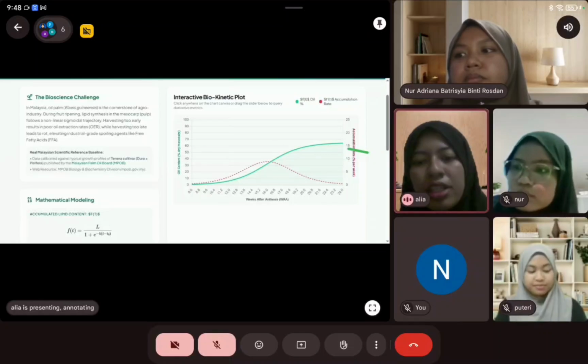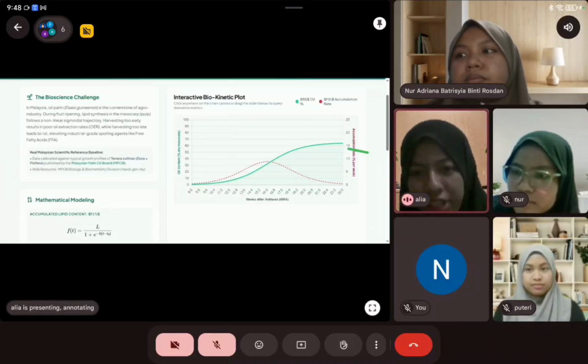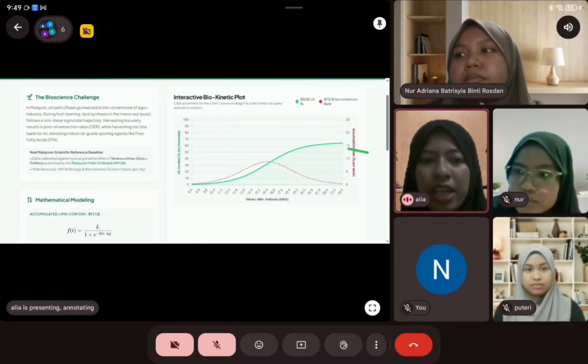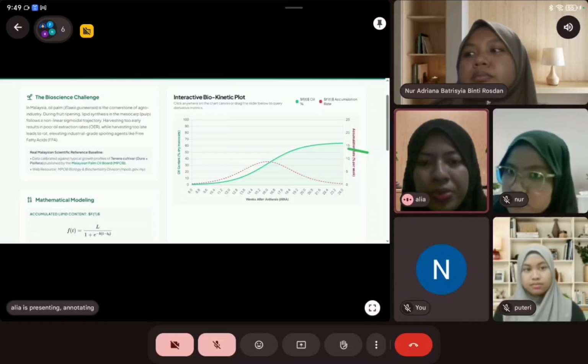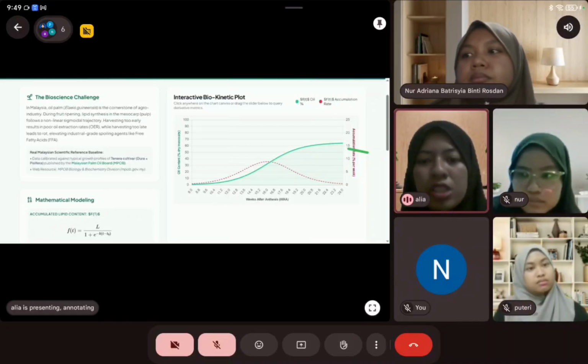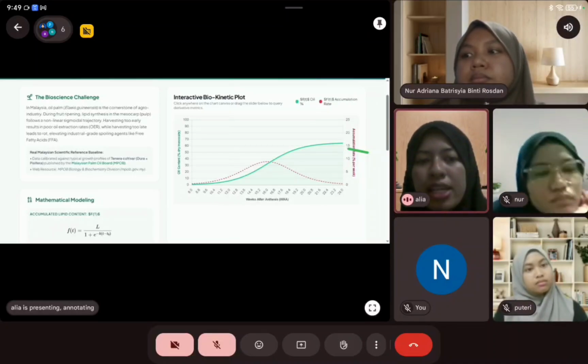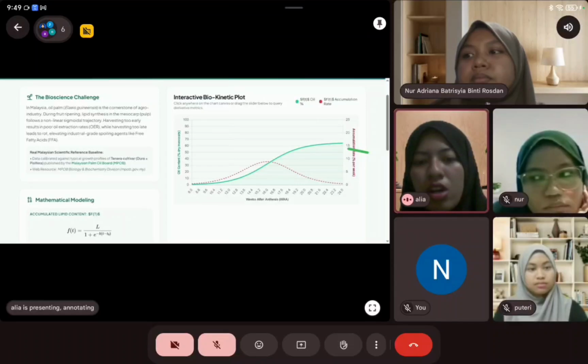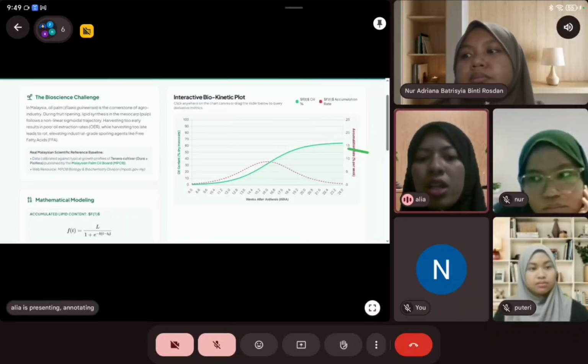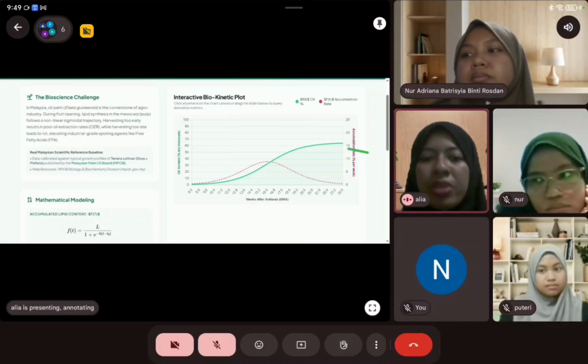This tool provides an objective, scientific baseline calibrated against the MPOB standard, allowing us to predict the exact biological state of the fruit to ensure we harvest at the moment of maximum yield.